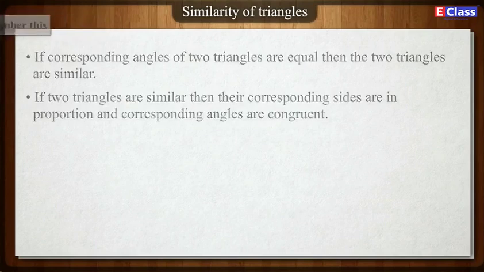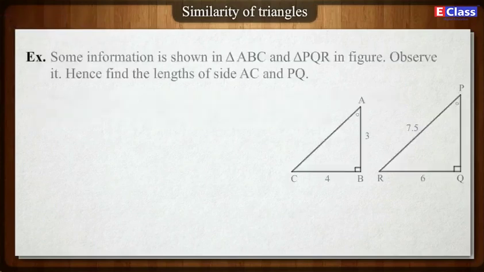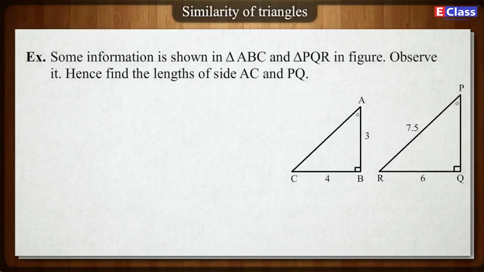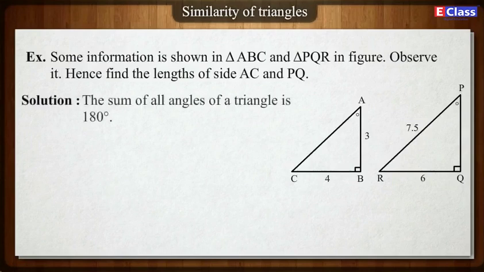Example: some information is shown in triangle ABC and triangle PQR in the figure. Observe it. Hence, find the lengths of side AC and PQ. Solution: the sum of all angles of a triangle is 180 degrees.